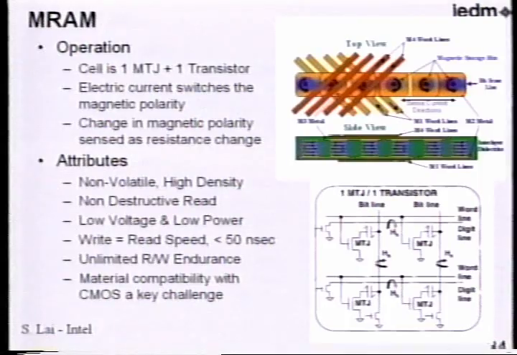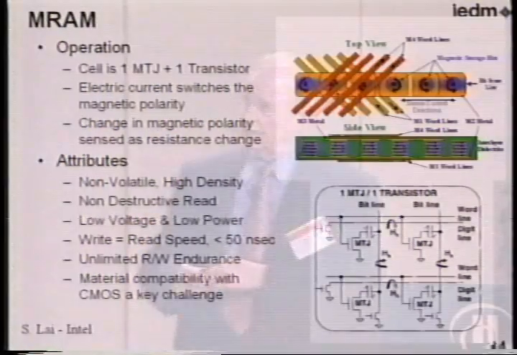The other one that's just mentioned is the magnetic RAM, the MRAM. And this is really a magnetic tunneling junction, or sometimes called a tunneling magnetoresistive element. And this particular cell is also non-volatile.